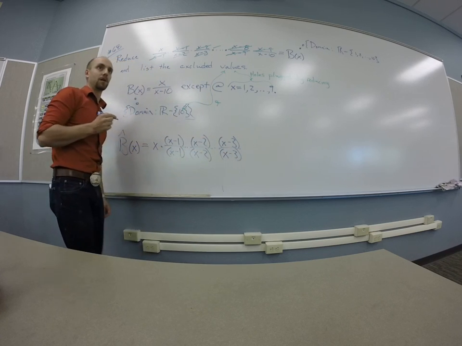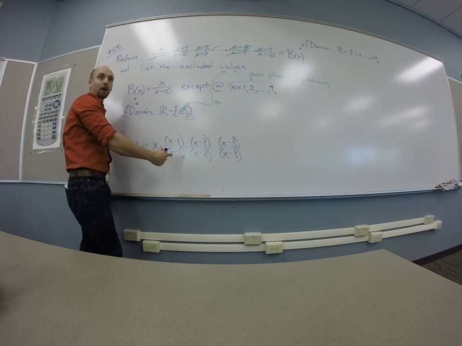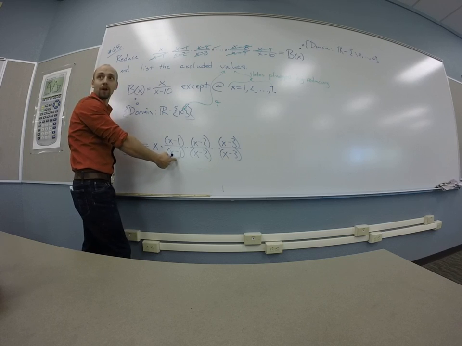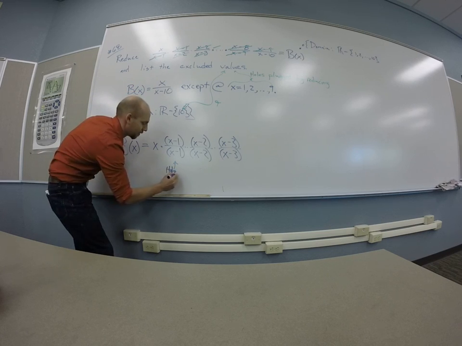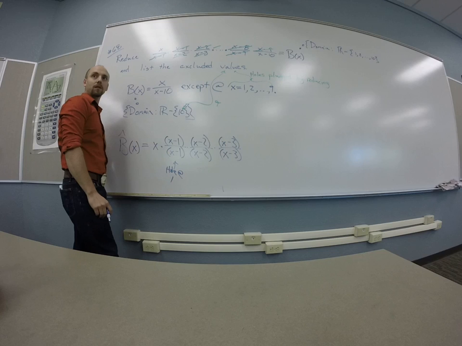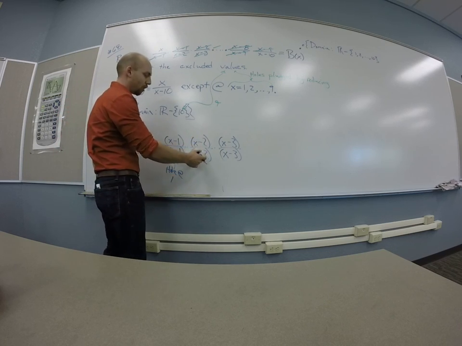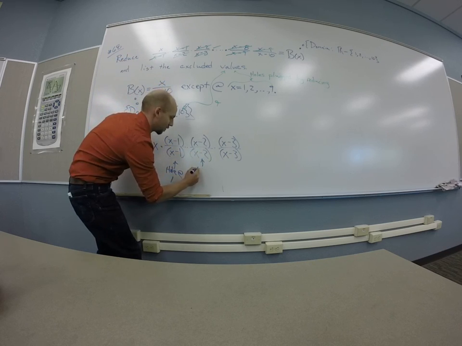You guys see what I'm doing? Each of these multiplications is 1 everywhere except at that point. So this is 1 except at 1. So this guy here is a hole at 1. I'm punching a hole at 1 by multiplying by that. I'm punching a hole at 2 by multiplying by this. 1, 2, 3, 4, 5, 6, 7.